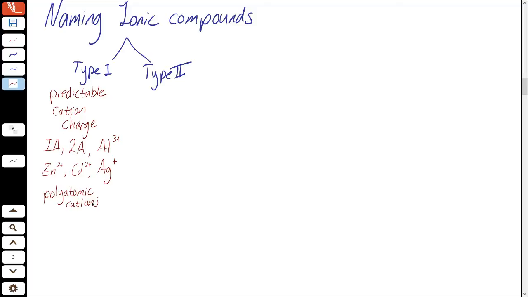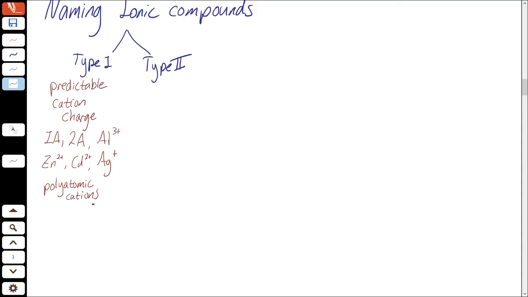So these are all the ions where you know the cation charge just from the name. If I say magnesium, you can look at the periodic table and go, oh yeah, that's got to be +2. If I say rubidium, you can look that up and say, oh yeah, it's got to be +1. If I say silver, you can't look it up on the periodic table, but you know it's got to be +1.